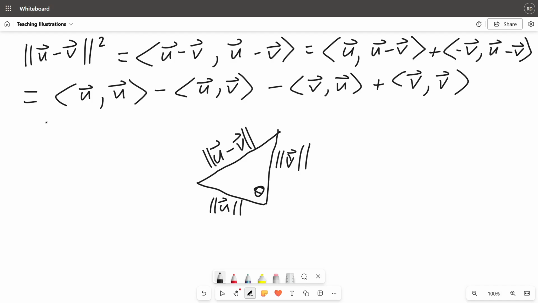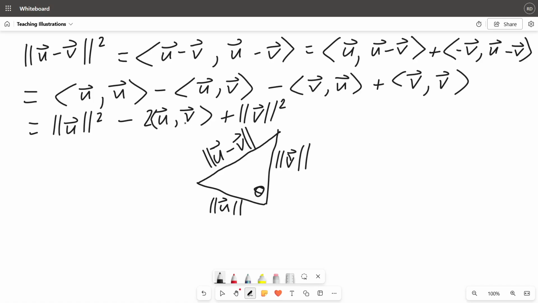And then we could say, okay, well, that's the norm of u squared minus, now because of symmetry, we can switch this one and combine like terms, 2 times the inner product of u and v, plus the norm of v squared.